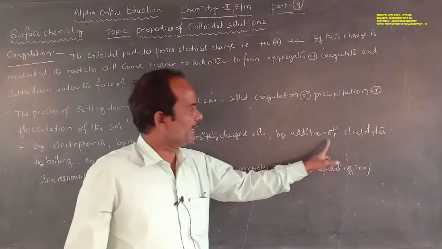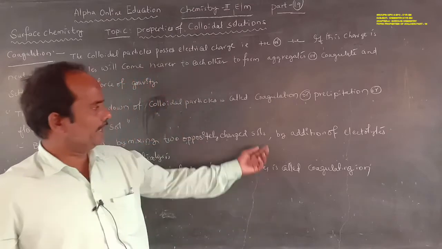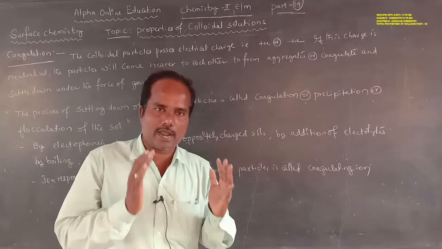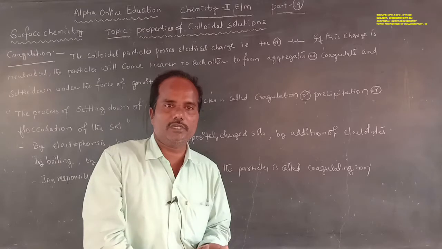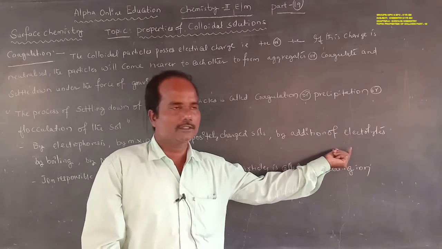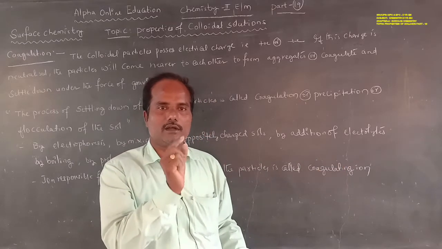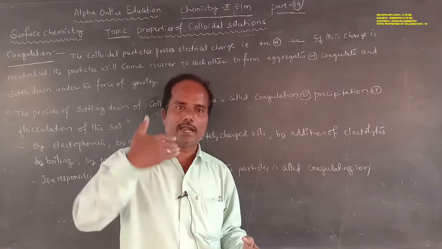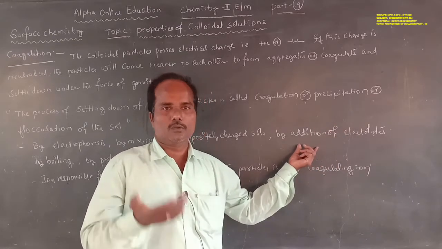Next, by addition of electrolytes. When an excess amount of electrolytes is added to the colloidal solution, it causes precipitation, coagulation, or flocculation. A little quantity of electrolytes causes stability of colloids, but when an excess is added, the colloidal solution gets coagulated.